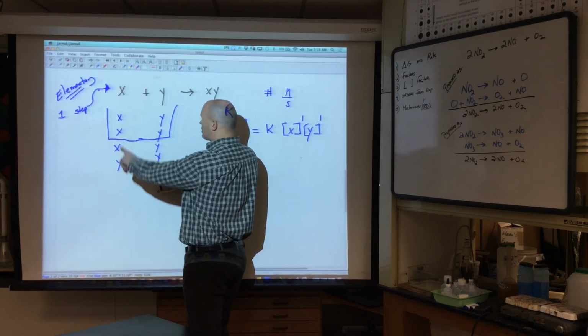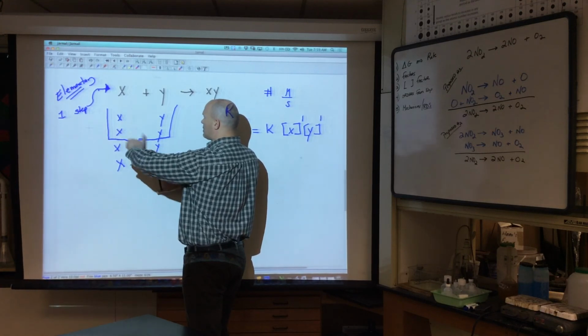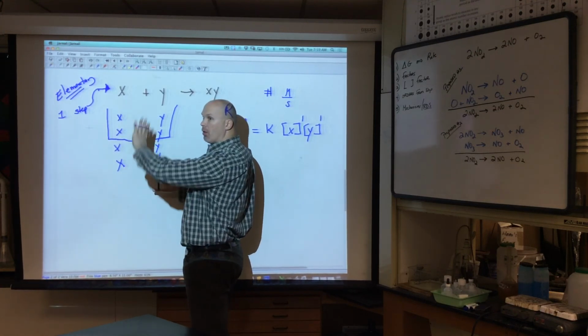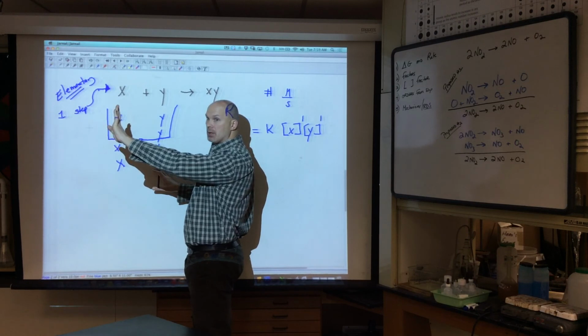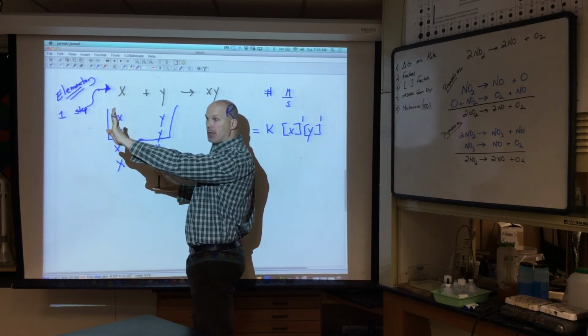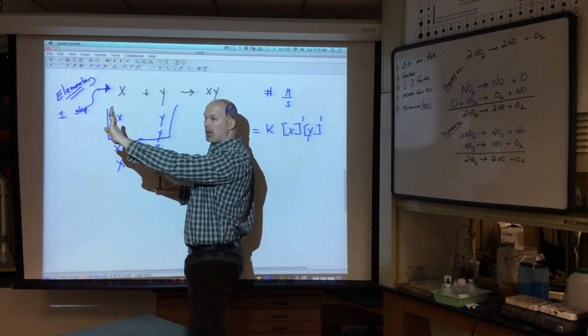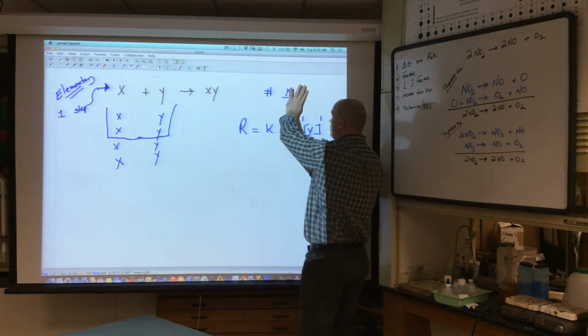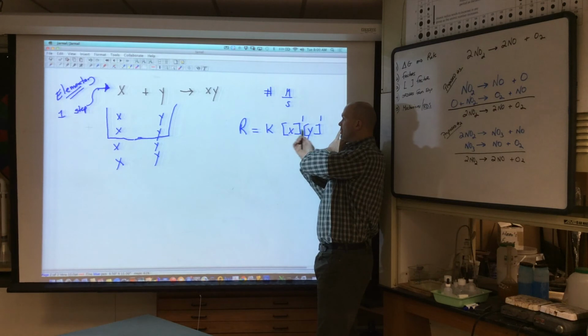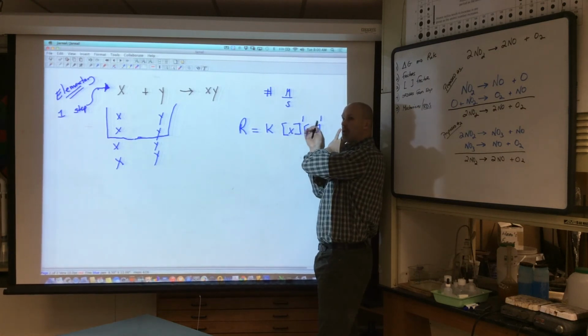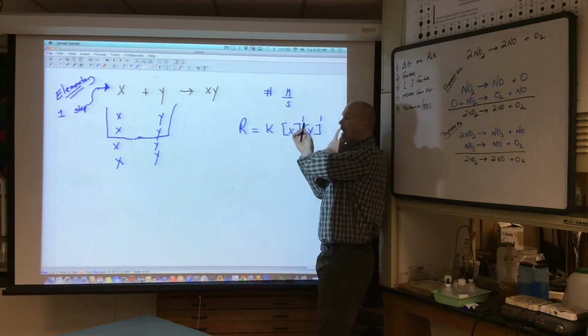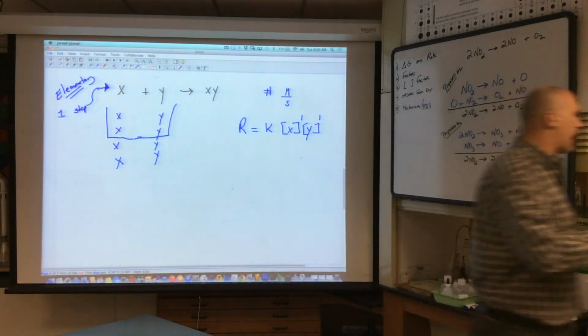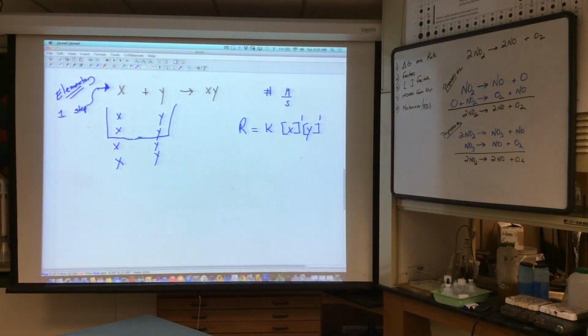If I double this one with respect to this Y, it has twice the ability. So you have an overall 4 times increase of the number of collisions in the same time period. Which, by the way, is a 4 times increase of the rate. When you multiply numbers that are exponents, what do you do to the exponents? You add. So we would say that this reaction is overall second order.